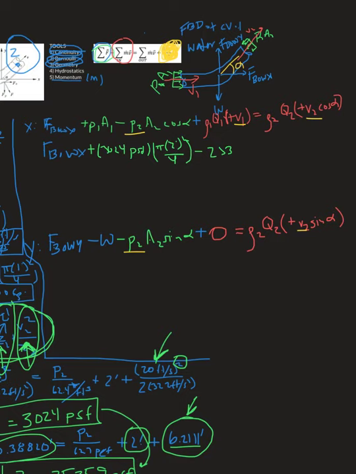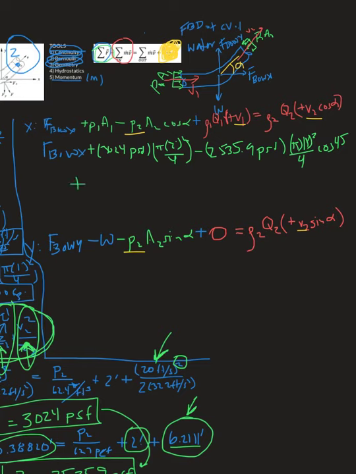3935.9 PSF times pi times the diameter, which is 1 foot squared over 4, cosine 45.